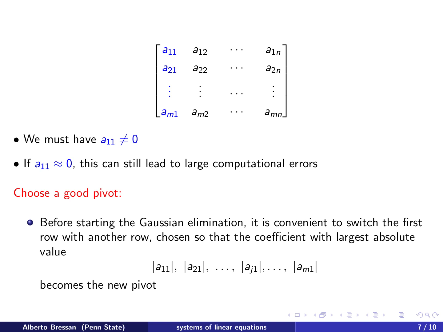So one could go through column 1 and find the element that has the largest absolute value. Let's say it's A31. Then you switch that one: row number 3 will be switched with row number 1 such that the new A11 will have the largest possible absolute value. And that will be our new pivot.